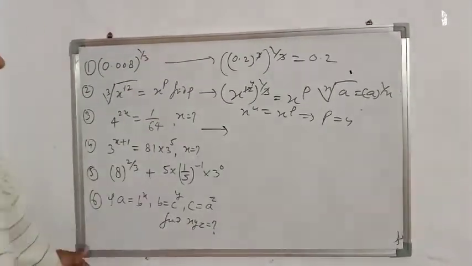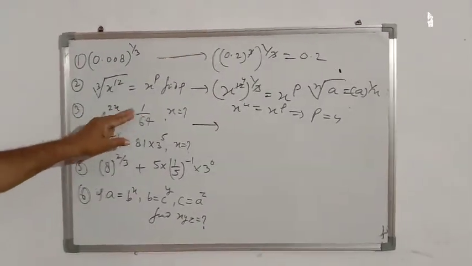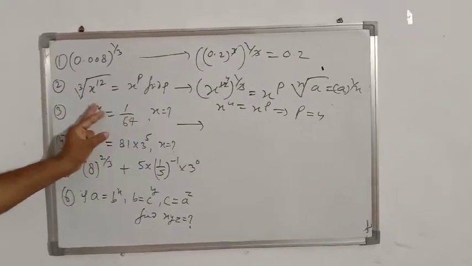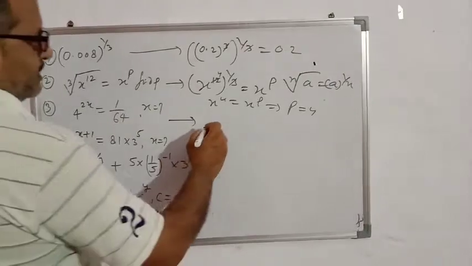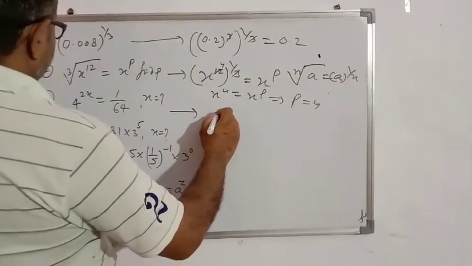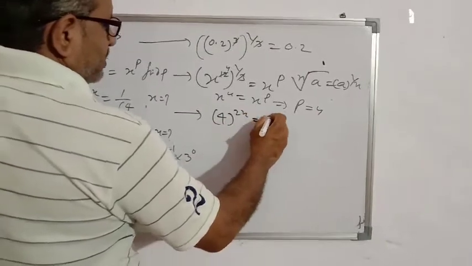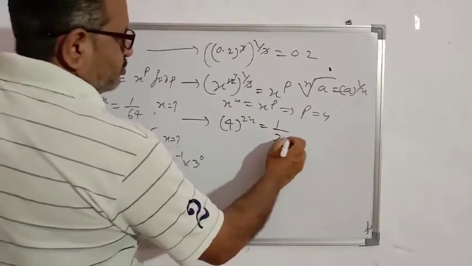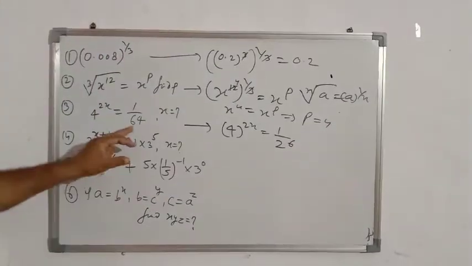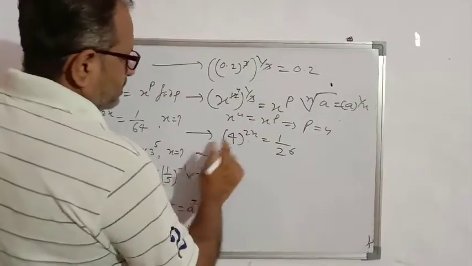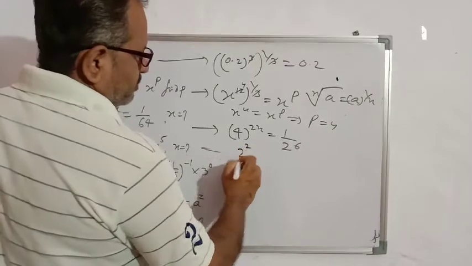See the third one: 4 to the power 2x equals 1 by 64. Again we will make both sides' base equal, then compare the power. 64 can be written as 2 to the power 6, and 4 can be written as 2 to the power 2.